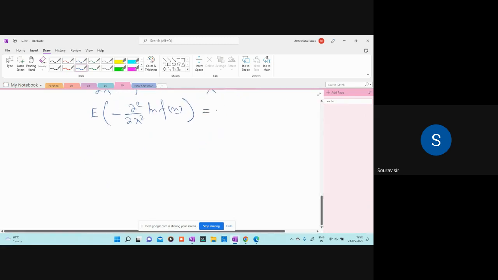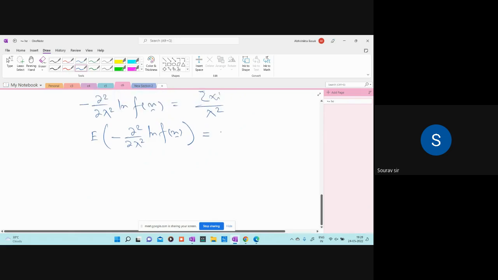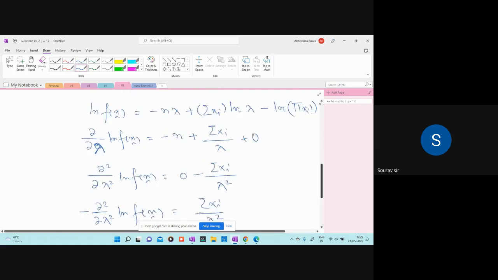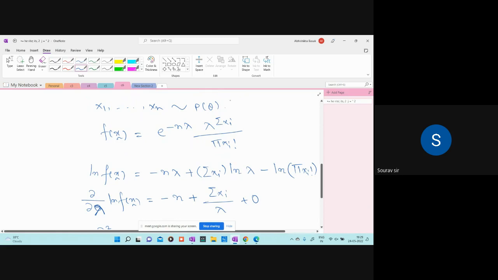It is going to give me summation xi by lambda square, and the expectation of this whole thing is going to give me 1 by lambda square summation over expectation of xi. What is expectation of xi for Poisson lambda? It was actually theta over here. Since I started with lambda, let's change it to lambda.